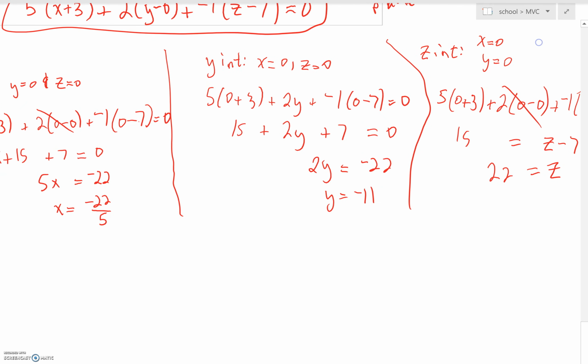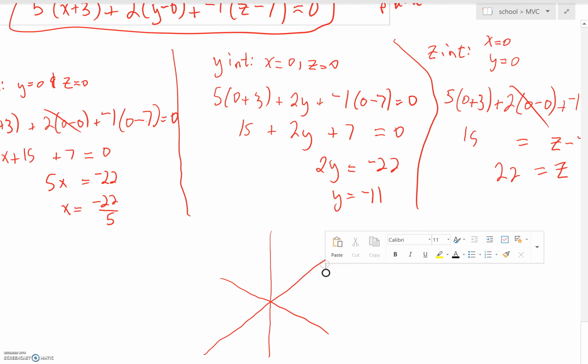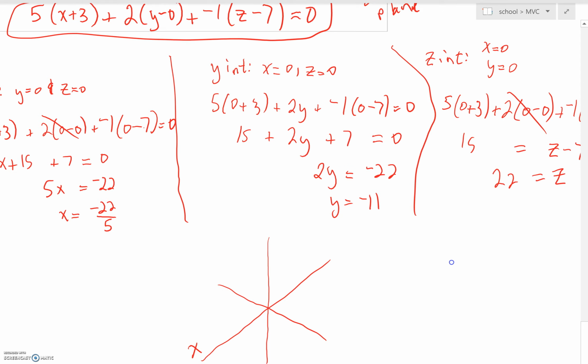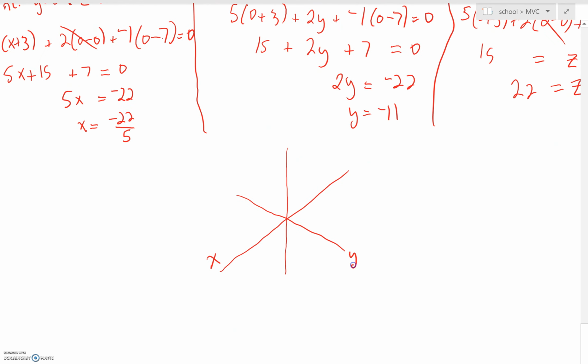So how do we graph a plane using these intercepts? Let's see if we could get some help here. Here's an x, y, z. And we don't have to graph this with super great accuracy. Negative 22 over 5, well, it's going to be somewhere around over here, about negative 4 point something.